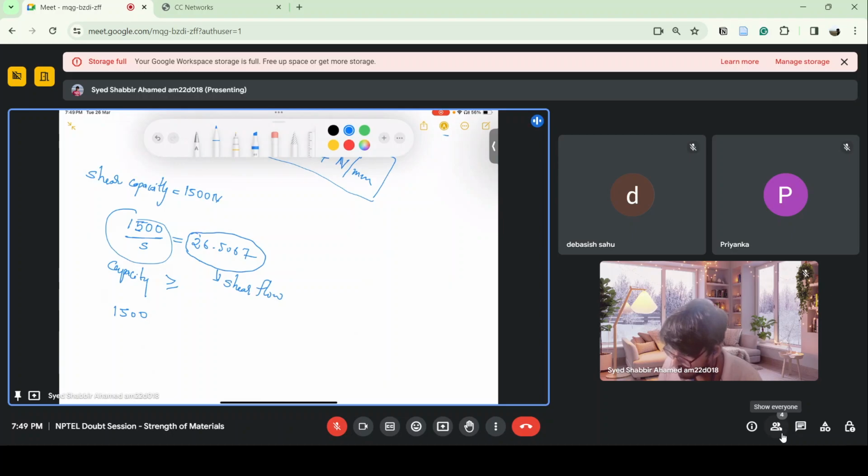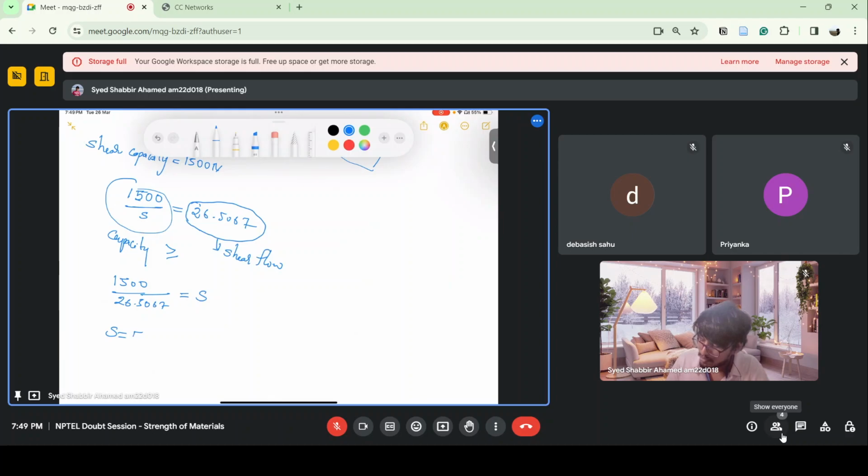I'm just taking it as equal to, so S equals 1500 divided by 26.506, which gives 56.589. So S should be less than or equal to this. It cannot go beyond this.